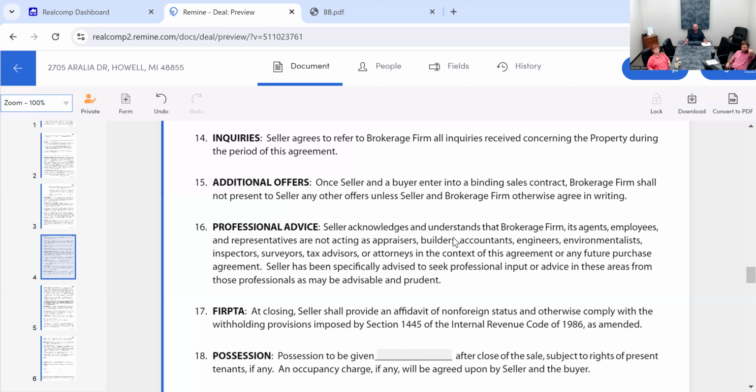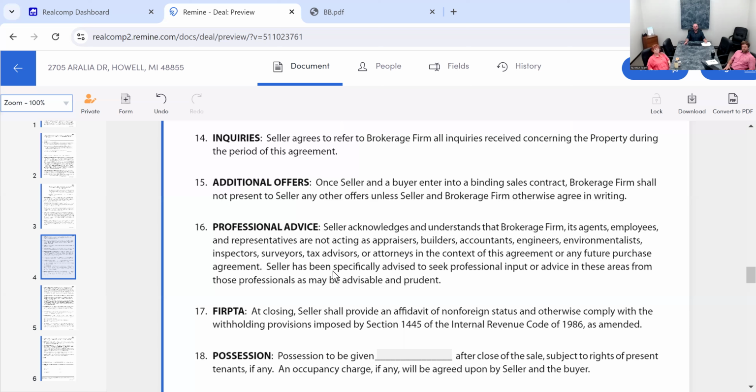All right, professional advice. Seller acknowledges and understands that broker, its agents and employees are not acting as appraisers. Okay, back on this. We are real estate agents. We're not builders, appraisers, accountants, engineers, environmentalists, inspectors, surveyors, tax advisors, attorneys.